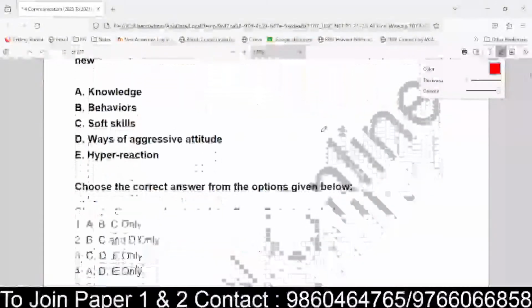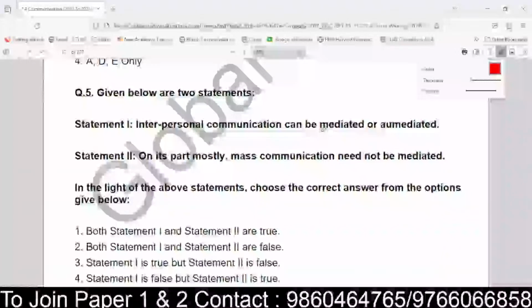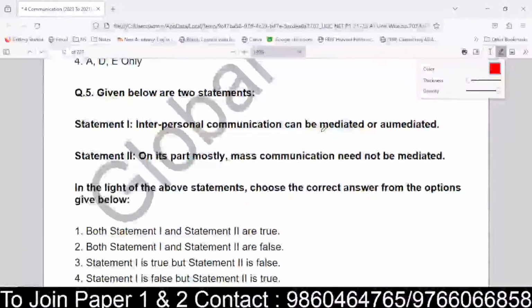Question number 5. Two statements. Statement 1: interpersonal communication can be mediated or unmediated, and statement 2: on its part, mostly mass communication need not be mediated. What type of response to the statements can be given?